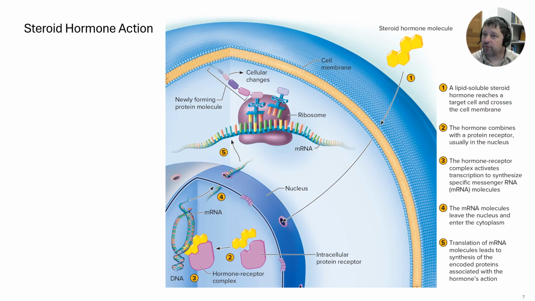Obviously, some hormones are very complex. There's multiple processes, and maybe this entices multiple different messenger RNAs, which makes multiple different strands of protein that then bind together to form a quaternary or a very large protein that might be needed. Okay, but in simple form, this is kind of the steps for steroid hormone action.